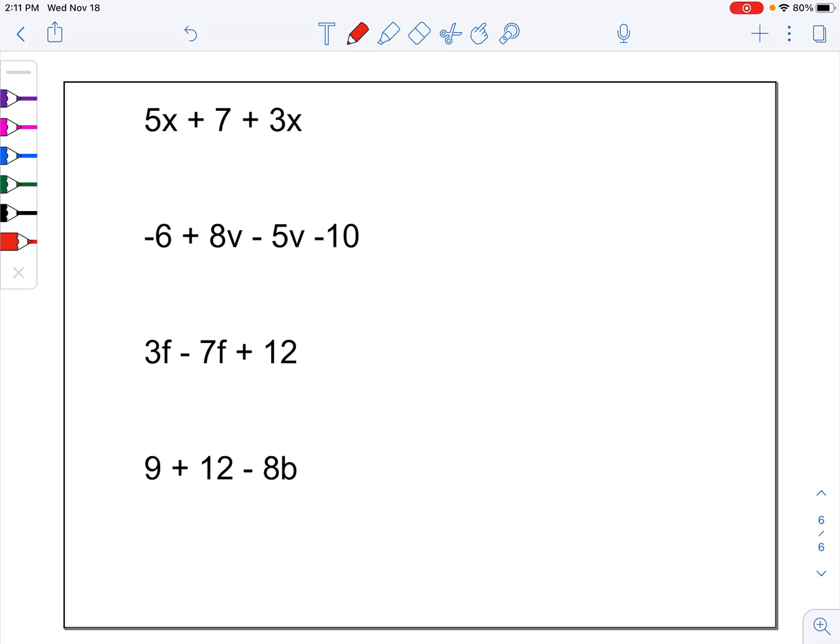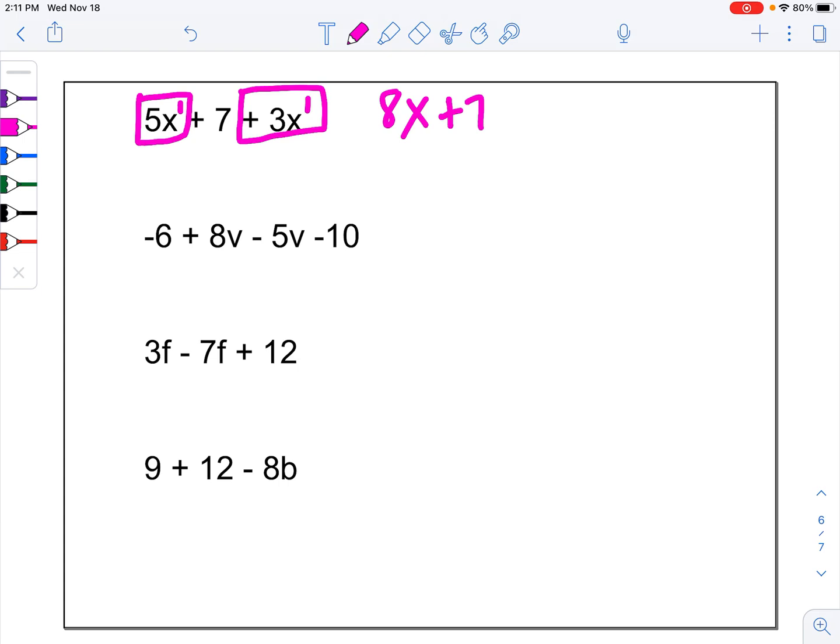I have 5x plus 7 plus 3x. Well, I do have 2 x's here. I have a 5x, and that has just an exponent of 1, and I have a 3x that has an exponent of 1. So if I have 5 x's, and somebody gives me 3 more x's, I actually have 8 x's. And then I just have plus 7 because there's nothing else to combine it with.